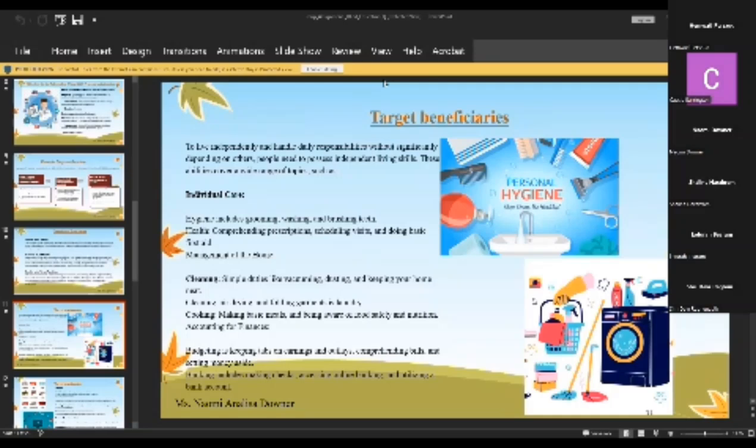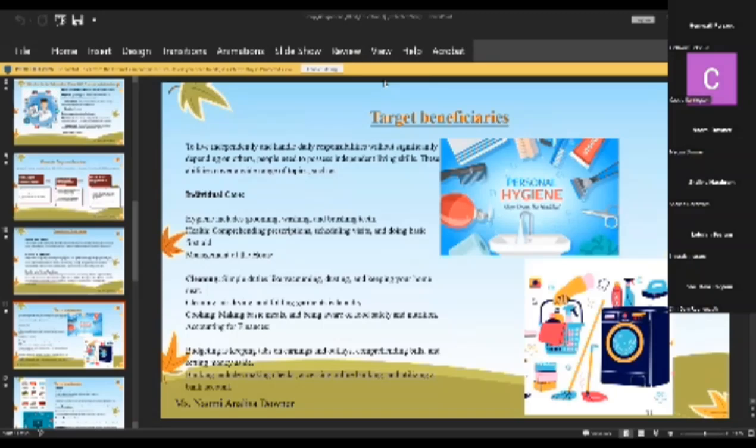These abilities cover a wide range of topics such as individual care, which includes hygiene, grooming, washing, and brushing of the teeth. The aim of this program is for you to be able to do things you weren't able to do before, and that will be cleaning, budgeting, and different other things.